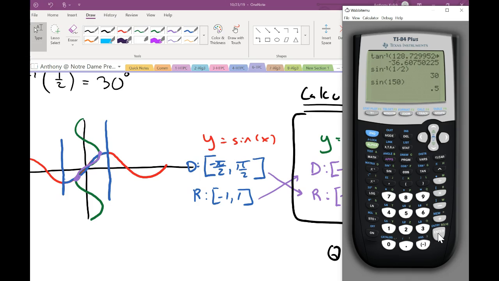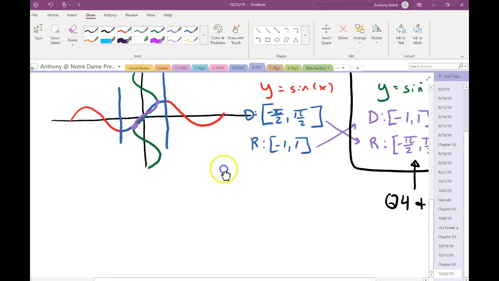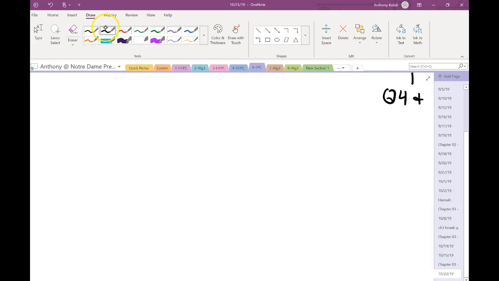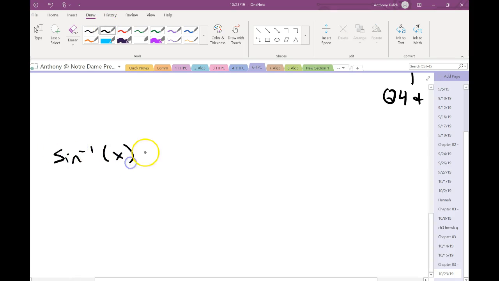So let's do a little bit of an information dump after I've set up what's going on here. We said that sine inverse is only going to give you values between negative pi over 2 and positive pi over 2.